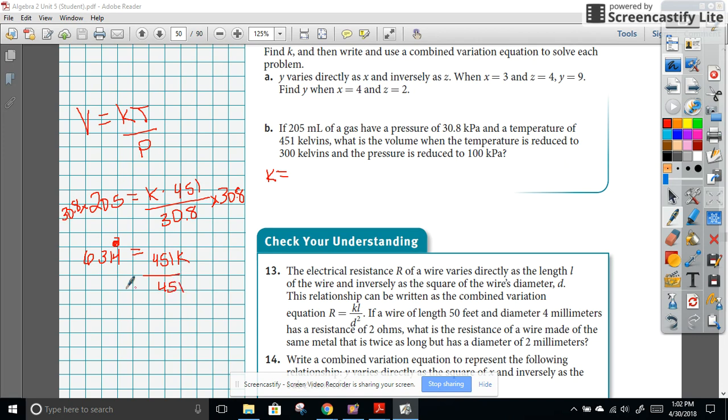Divide both sides by 451. And that calculates out to be K equals 14.